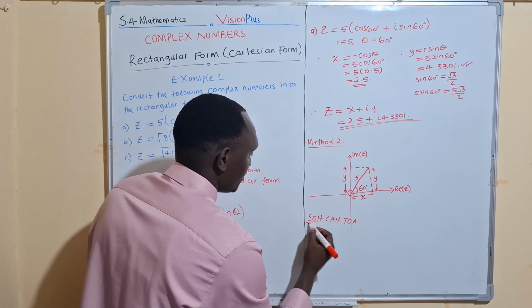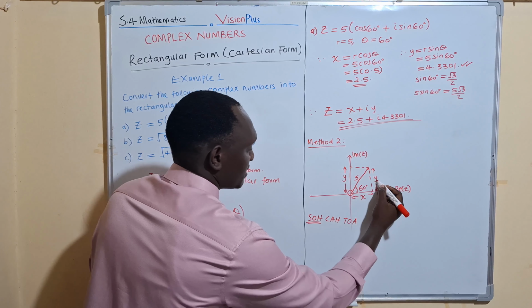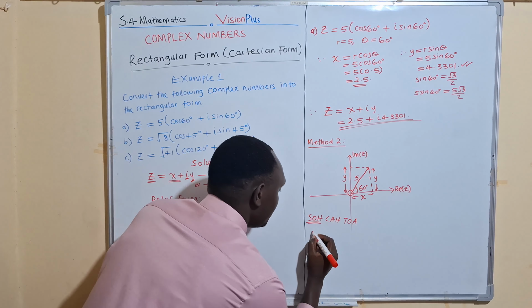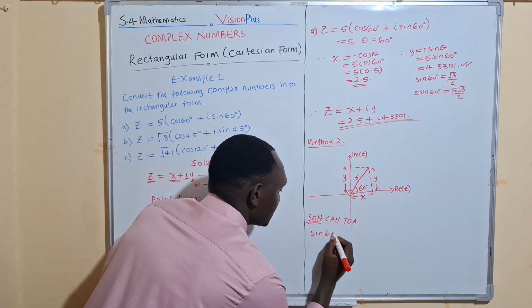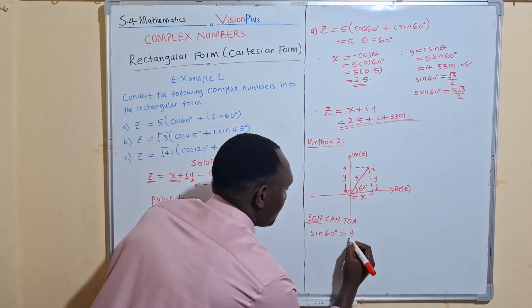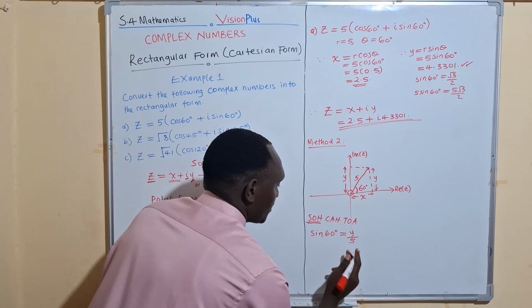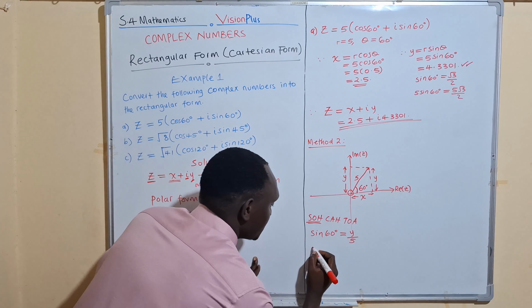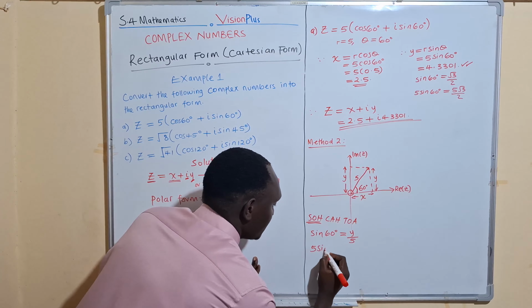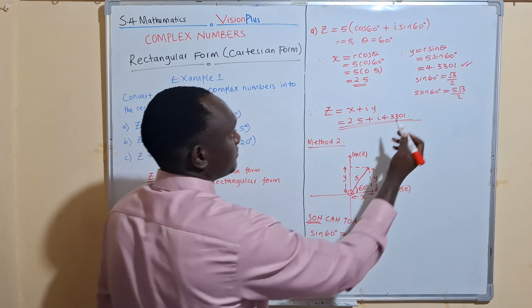So for sine, we shall use opposite and hypotenuse. Opposite is here, hypotenuse is there. That means sine of 60 degrees equals opposite y out of hypotenuse, which is 5. Then you cross multiply. This means that 5 sine of 60 degrees equals y, which is here.